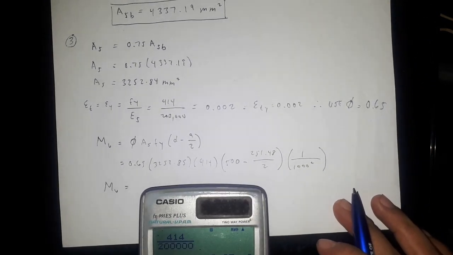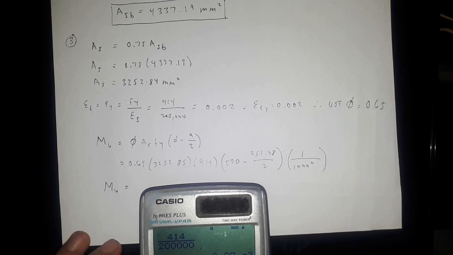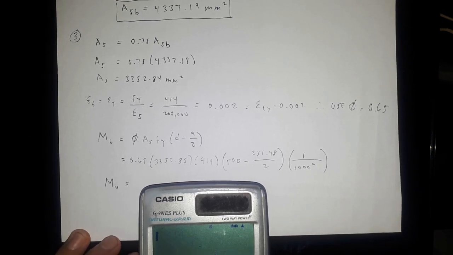So, let's solve. We have 0.65 times As 3252.85 times Fy times d minus a over 2, divided by 1,000 squared.